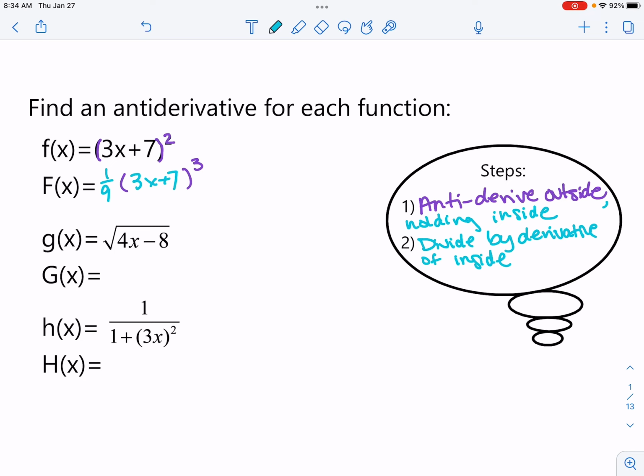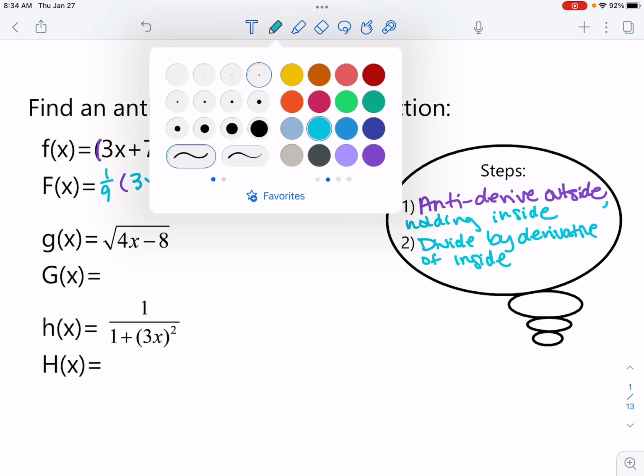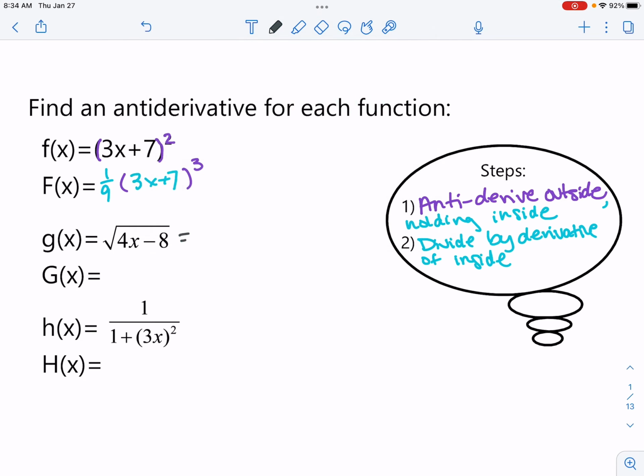All right, let's take a look at this next one. Hopefully you rewrote it as the quantity 4x minus 8 to the 1/2 power. So x to the 1/2 power is your outside function. So when we anti-derive x to the 1/2, we will have 2/3 x to the 3/2, right? But for step 1, we will hold the inside.